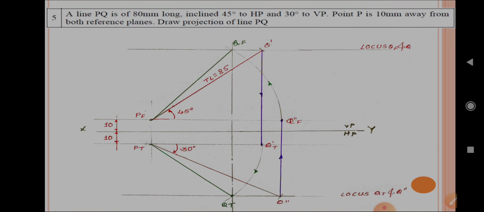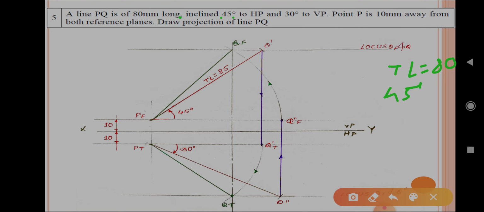In the final problem, line PQ is 80 mm long, meaning the true length is given as 80 mm, inclined at 45 degree, that is the theta inclination with HP, and 30 degree with VP, meaning the phi inclination is 30 degree, and point P is 10 mm away from both reference planes.